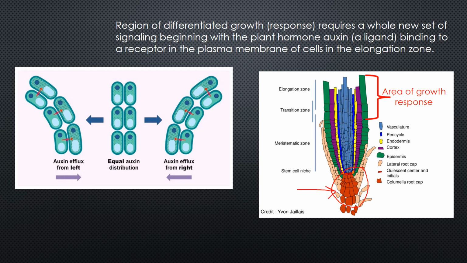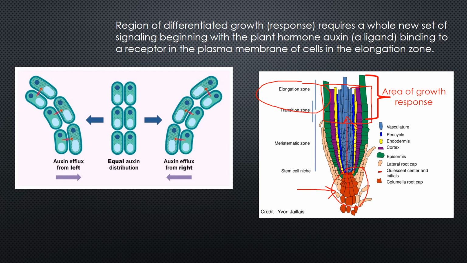It is back here in that elongation zone that I talked about. So this is the area of the root that's actually going to do the changing. So not only do we have a signal transduction response within the cell, now we have to take that signal and bring it up the plant to the area that can actually cause a growth change in order for the root to now grow down.